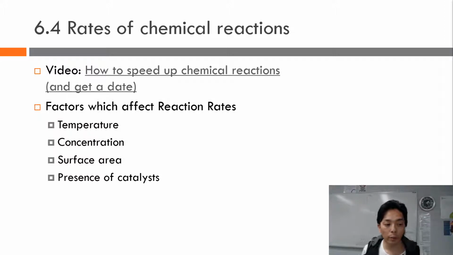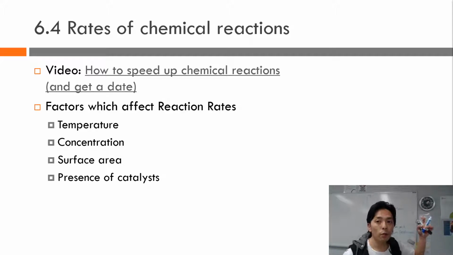After writing presence of catalyst, write a note saying that catalysts are substances that can speed up the reaction but are not part of the reaction. I'll repeat again: catalysts are substances that speed up the reaction but do not take part in the reaction.